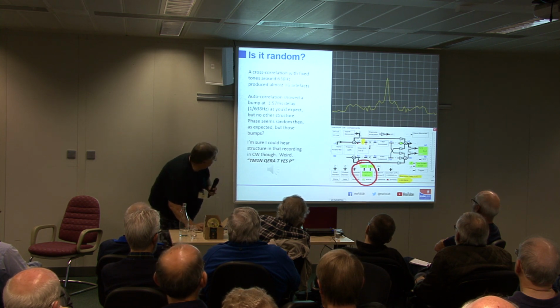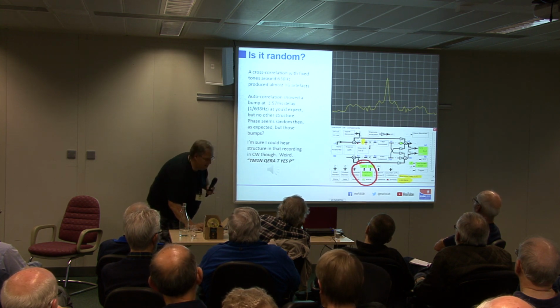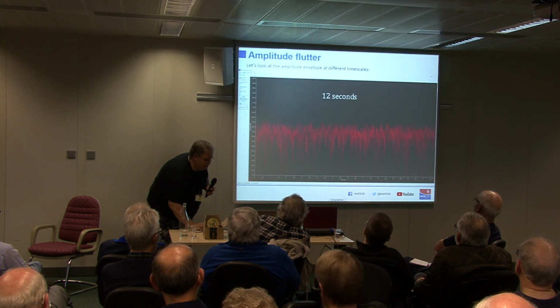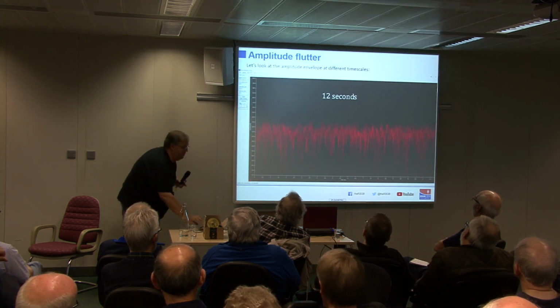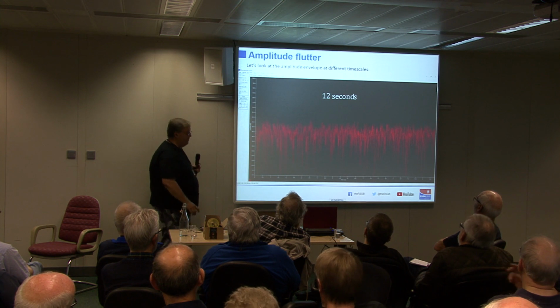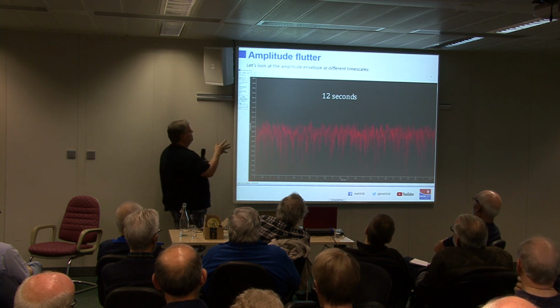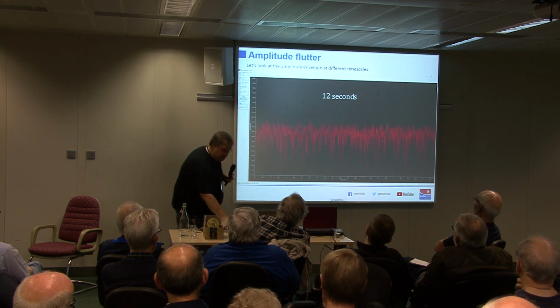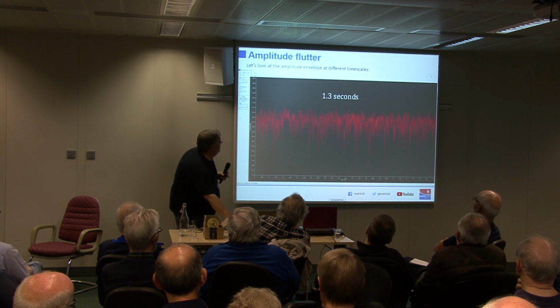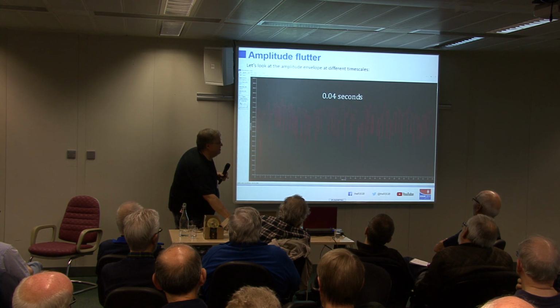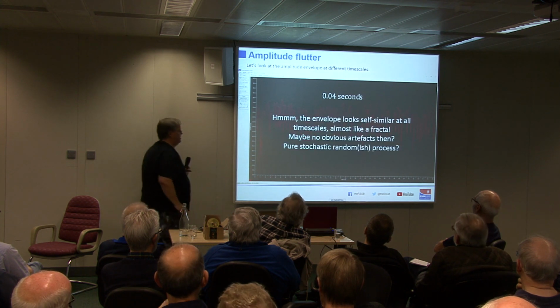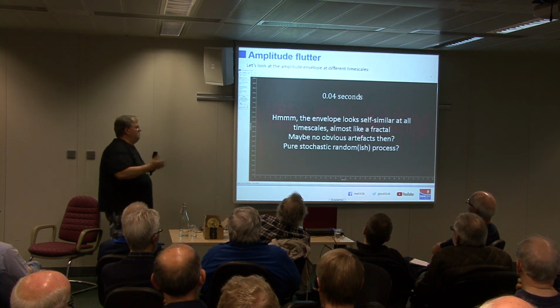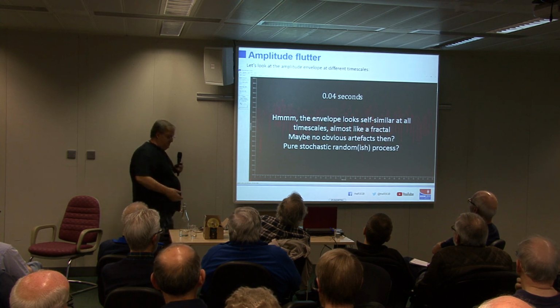I tried zooming in just to see what would happen at different scales. So that's looking at the amplitude of that signal at 12 seconds, and then at 1.3 seconds, and then at 0.5 seconds. It looks the same. So that's pretty certain that it's a self-similar Gaussian random stochastic process.